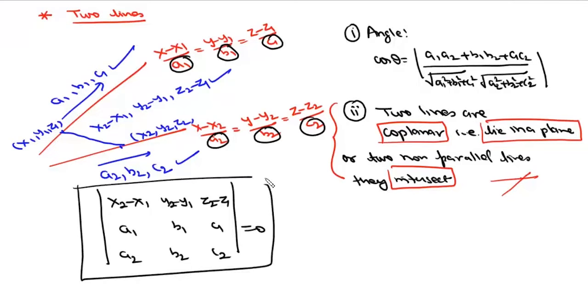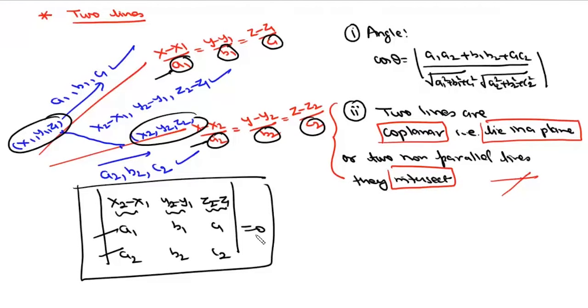So if the two lines are coplanar or they intersect, then all we need to do is write points on these two lines, and then the first row is x2 minus x1, y2 minus y1, z2 minus z1, and the other two rows are direction ratios of these two lines, and if they are coplanar then this determinant must be 0.